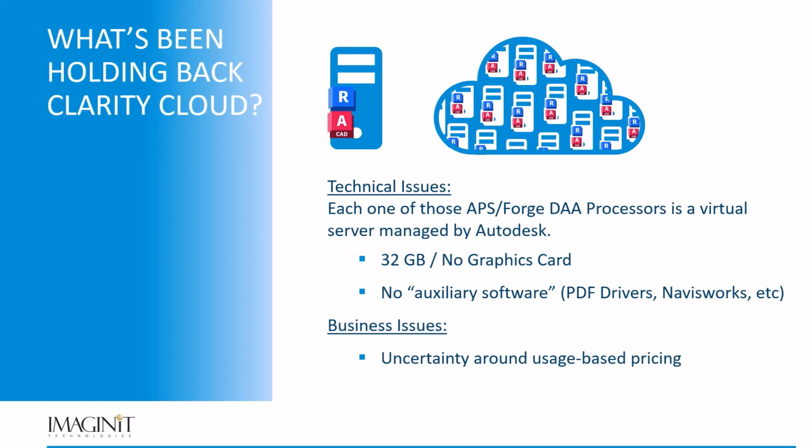The other thing that I'll mention is that in our years of doing on-premise Clarity, we've become accustomed to having access to auxiliary software, whether that was PDF drivers like Acrobat or that kind of thing, or whether it was Navisworks exporters. You can't export Navisworks unless you have the Navisworks export software installed.